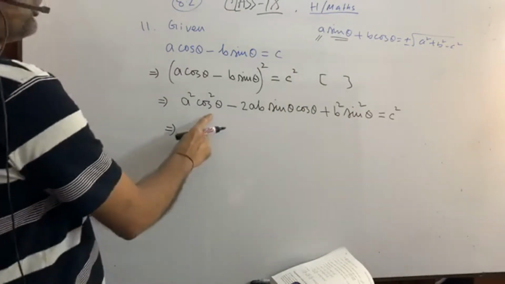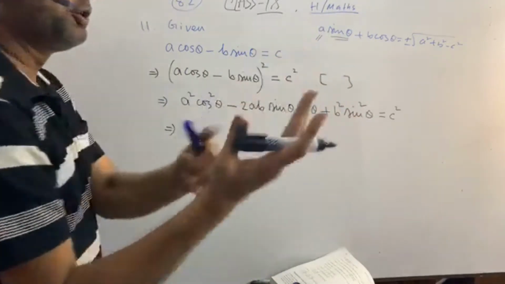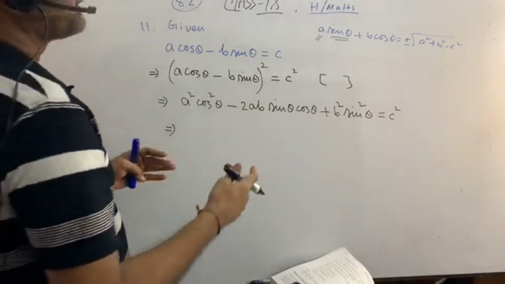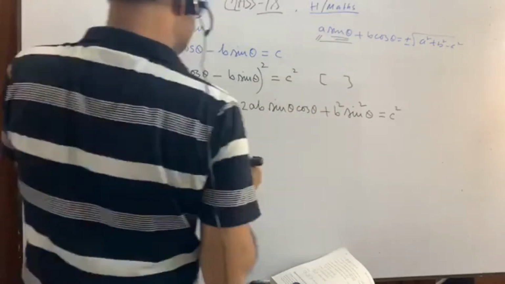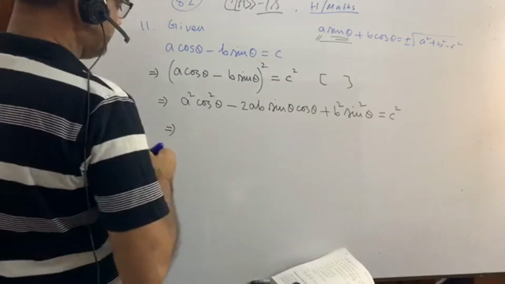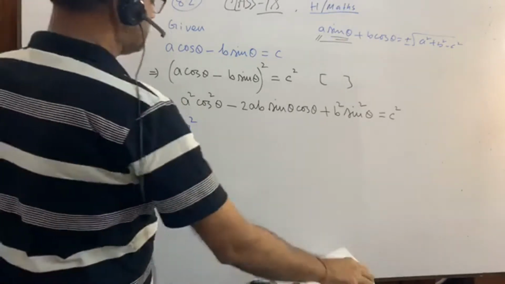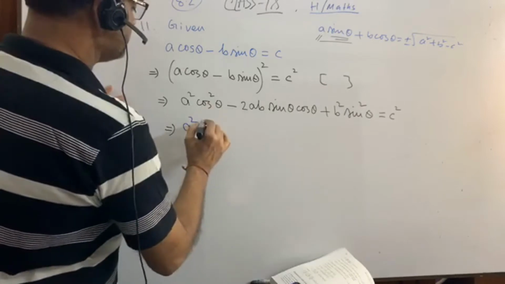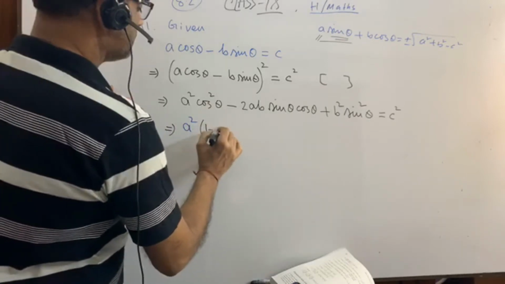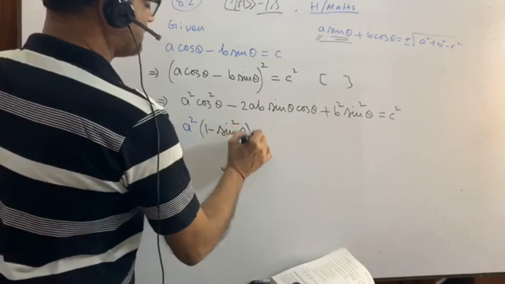We'll convert this cos square into sin square and this sin square into cos square. Then we will get the left hand side. You see how it comes. It is a square, I have kept it as it is. Now I will convert this cos square into 1 minus sin square theta.